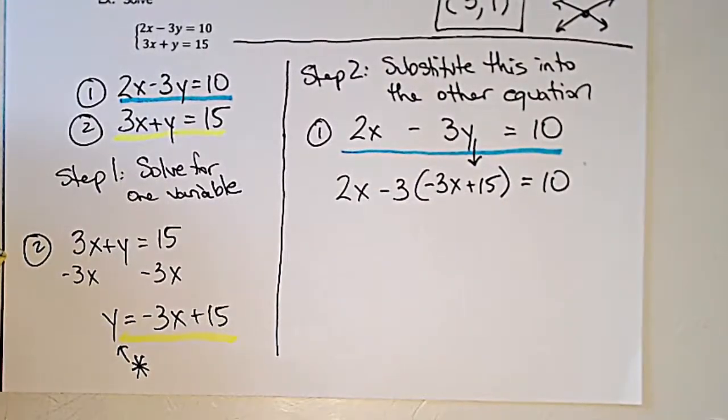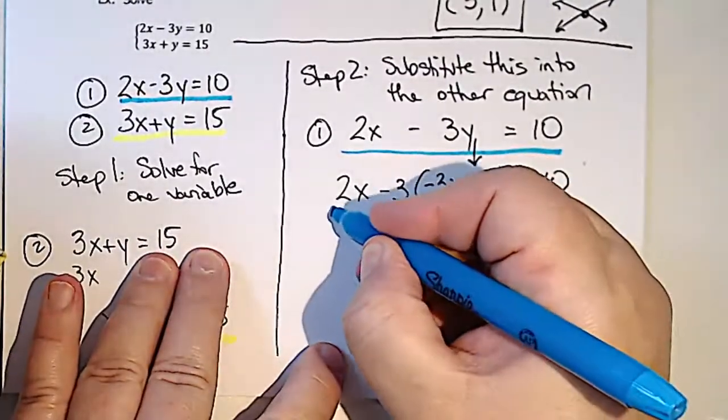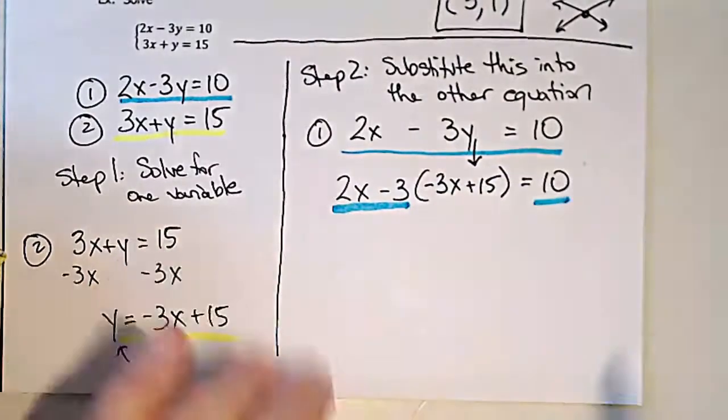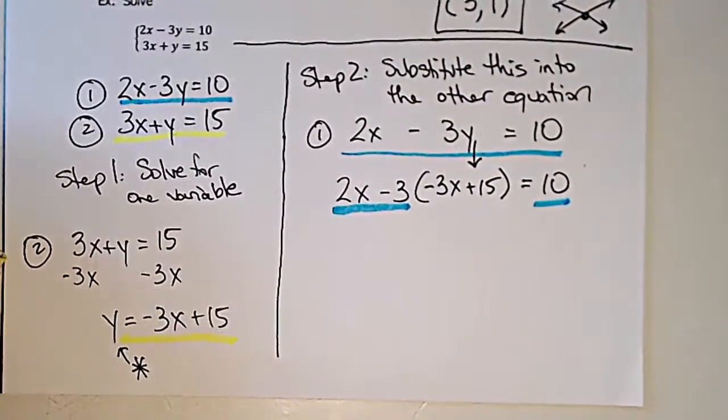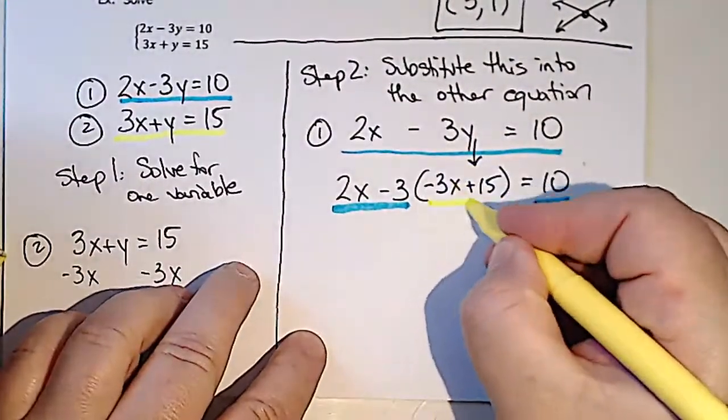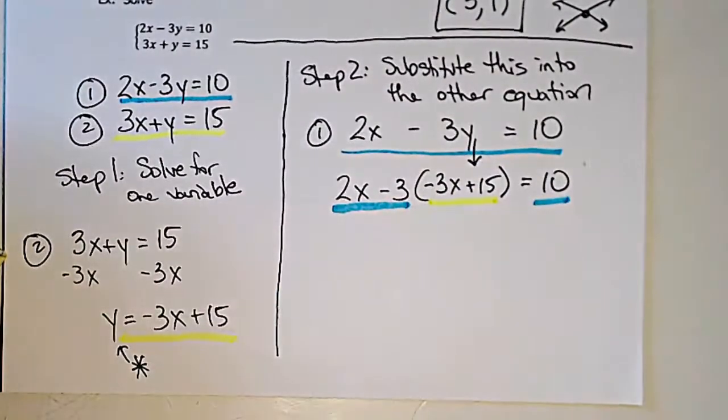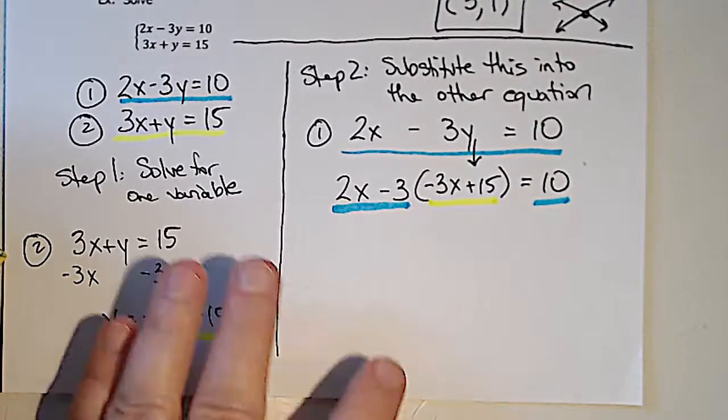So if I were going to underline everything, I would say, okay, this part is the first equation. And this little part in here is us substituting in the second equation. So we've mixed the two equations. We're combining the two equations. This is called substitution or plugging in.